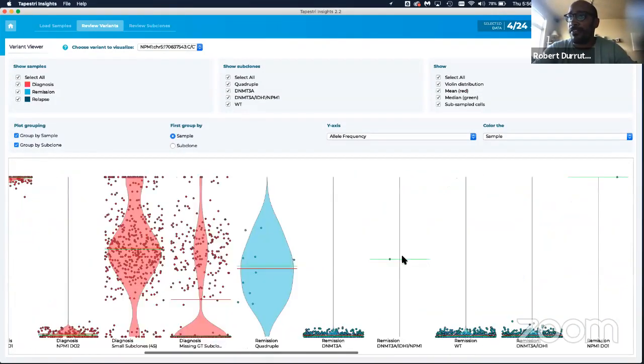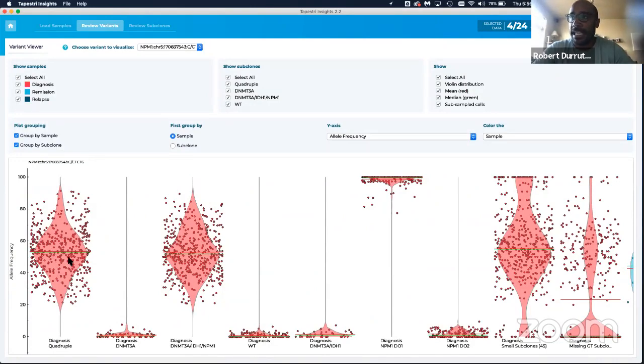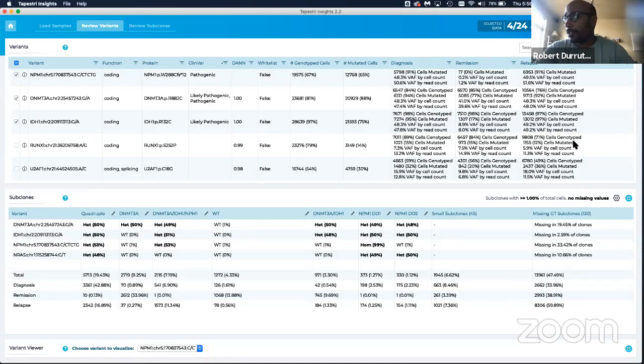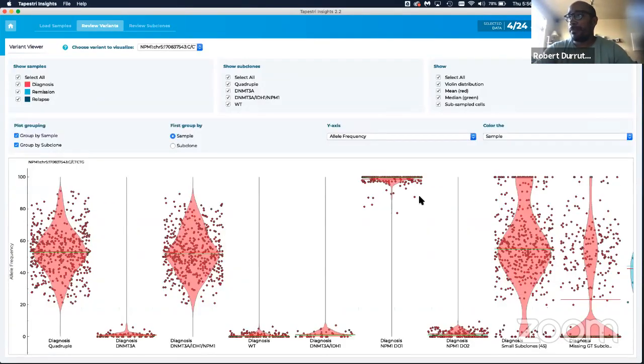You see lots of violin plots. Each violin plot refers to a given clone. So we have 1, 2, 3, 4, 5, 6, 7, 8, 9 clones, including the two garbage clones, if you will. And because we have 3 samples, you have 3 times 9, so 27 violin plots.